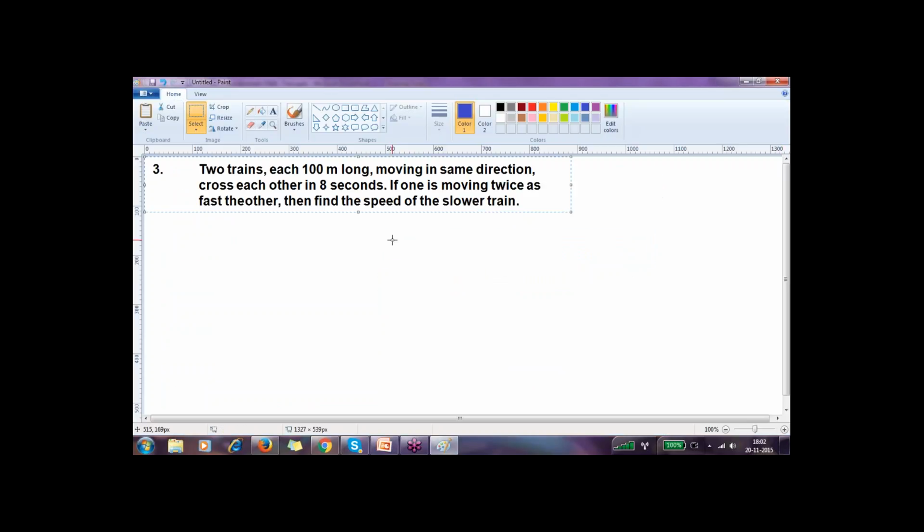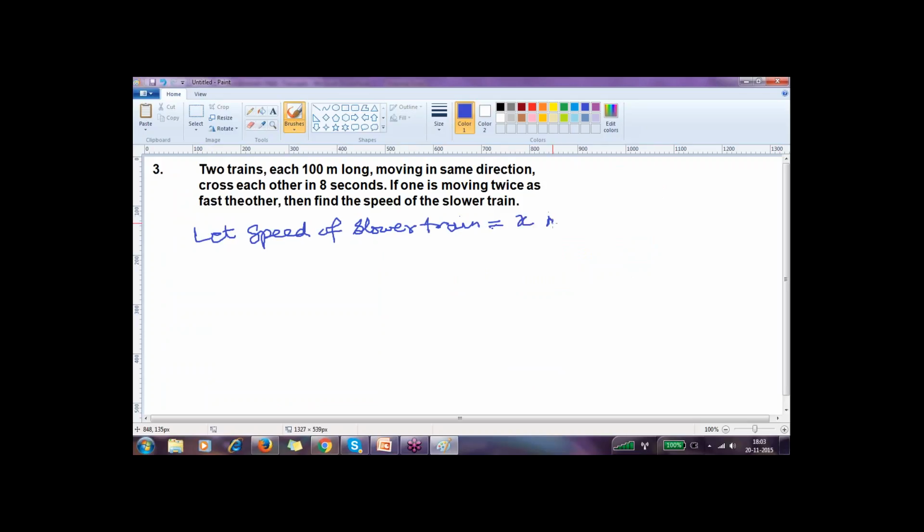So here the problem comes. Now let us start doing the solution. Now let the speed of slower train is equal to how much?